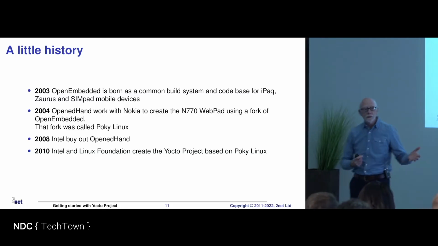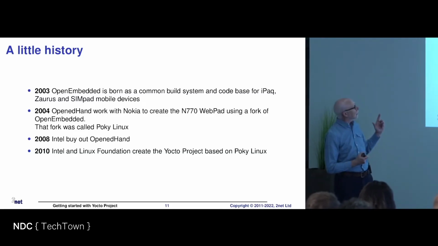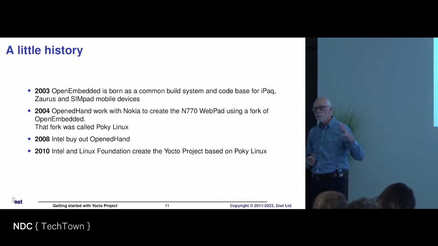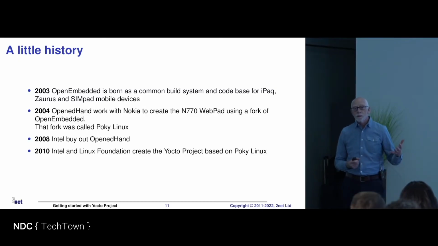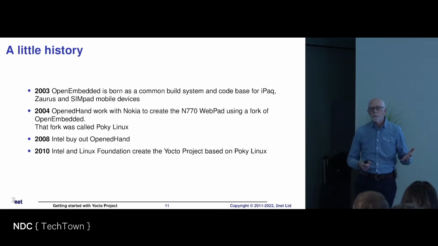So in 2003, we had the Compaq iPAQ, we had the Sharp Zaurus, and we had the SIMpad by whoever made the SIMpad, I don't remember. These are all handheld devices with ARM processors, ARM SoCs. I think they typically had 4 or 8 megabytes of RAM and a few megabytes of flash memory, which at that time was ample to run Linux.